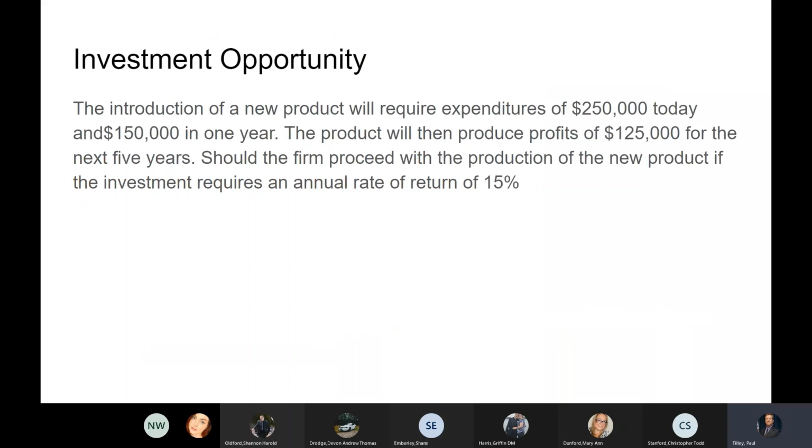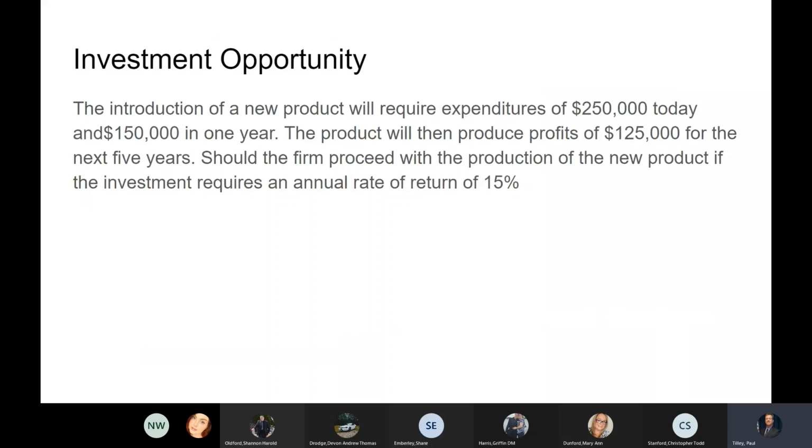Okay. Another example is an investment opportunity, which we looked at in capital budgeting. The introduction of a new product will require expenditures of $250,000 today and $150,000 in 1 year. The product will then produce profits of $125,000 for the next 5 years. Should the firm proceed with the production of the new product if the investment requires an annual rate of return of 15%?